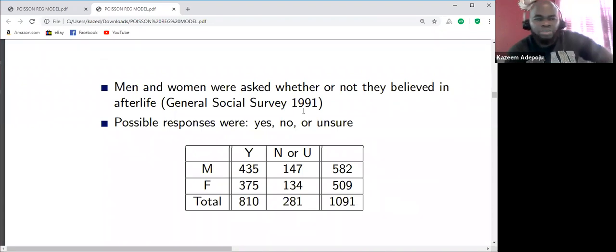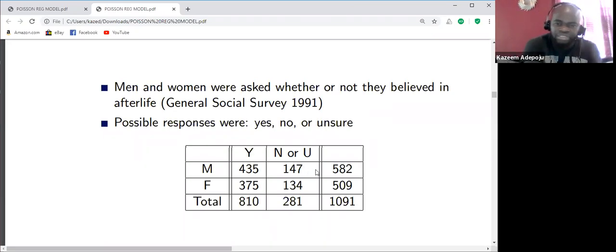And you know what the possible responses were? Yes, no, or unsure. For the purpose of analysis, no and unsure were grouped together. So no is N, unsure is U, and yes is Y. We asked this question across individuals, men and female.